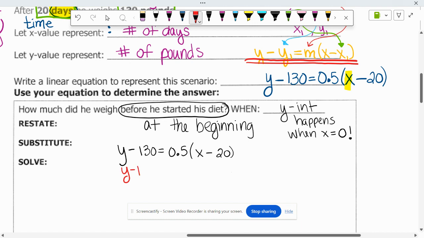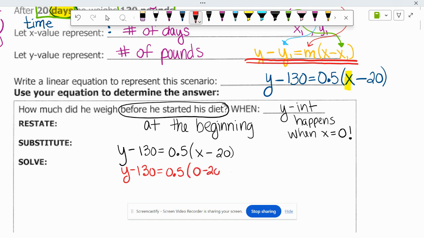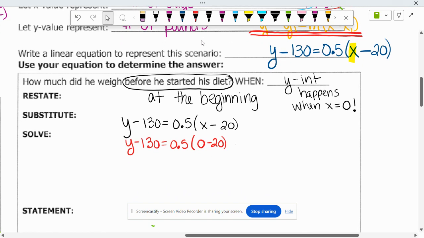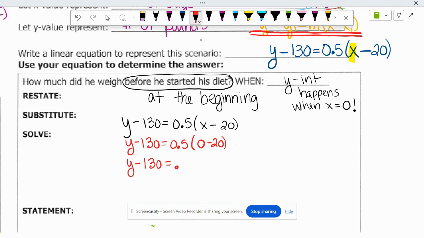So y minus 130 equals 0.5 times 0 minus 20. Well, what is 0 minus 20? It's not 20. It's negative 20. So y minus 130 equals 0.5 times negative 20. Well, what is 0.5 times negative 20?